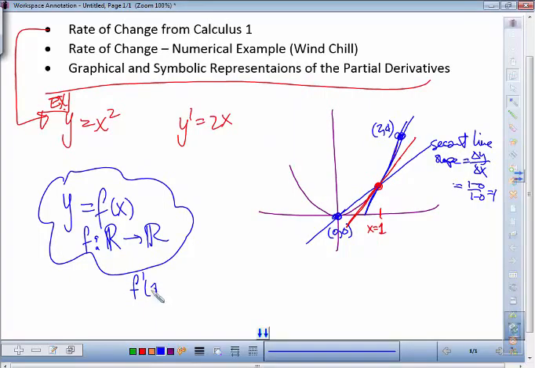So let me just say the formal definition is something like this. It may be a little bit different in different contexts, but a lot of times they use h as your variable that's going to approach 0, and then f of x plus h minus f of x all over h.